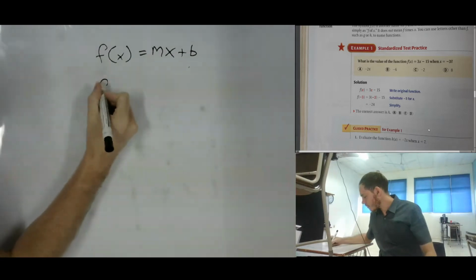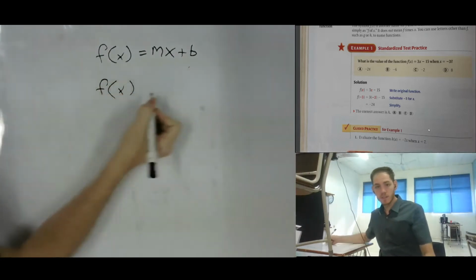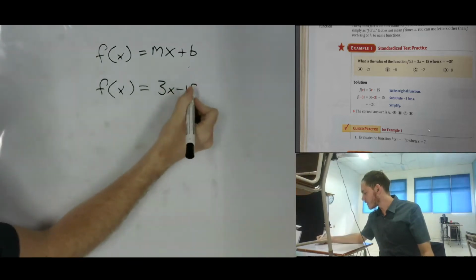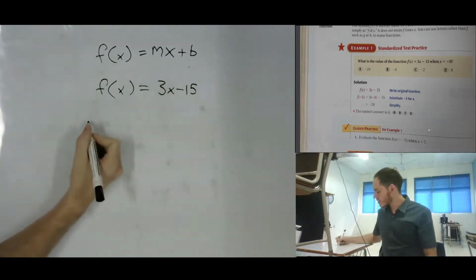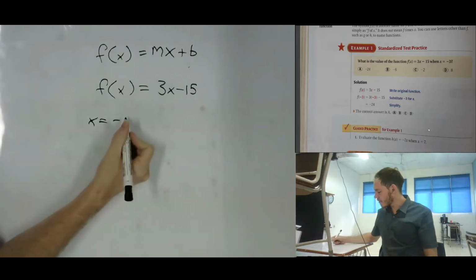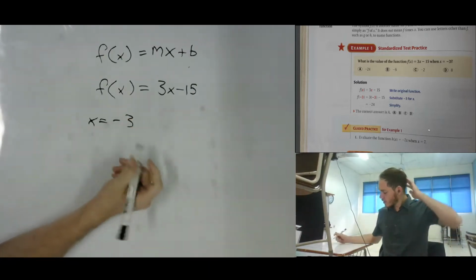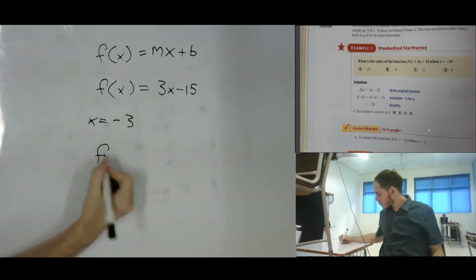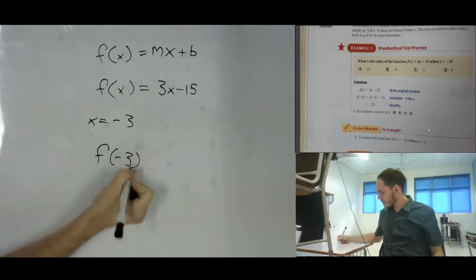Well, first things first. We get a function, 3x minus 15, and they say solve it when x equals negative 3. So what do you do? Well, here we plug this into here. So we're going to say f of negative 3.